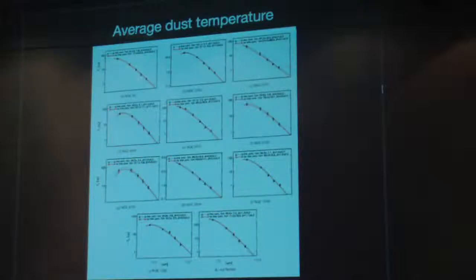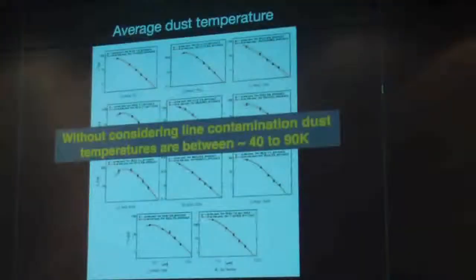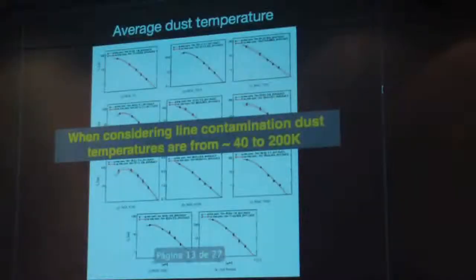What happens when we do that is that if we don't consider any line contamination, the average dust temperature in the nebula we find is between 40 to 90 K. But if we take into account line contamination, for some objects the dust temperature is still low, but for some of them the average dust temperature picks up and becomes higher.